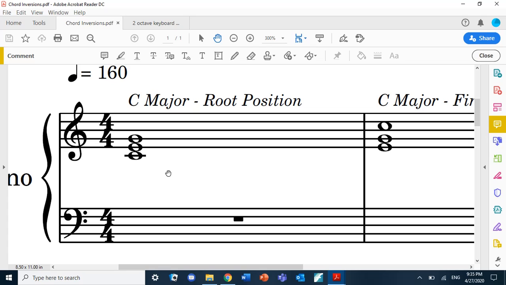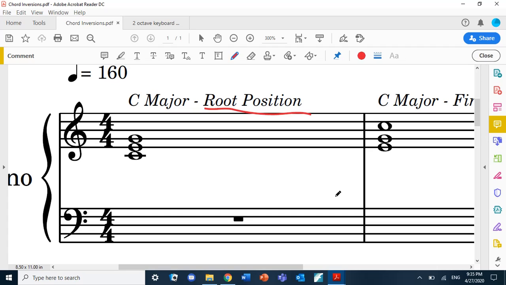And I will tell you right now, anytime you see 3 or more notes stacked exactly like this on consecutive lines or spaces, in this case 3 notes on 3 consecutive lines, that is always going to be root position.